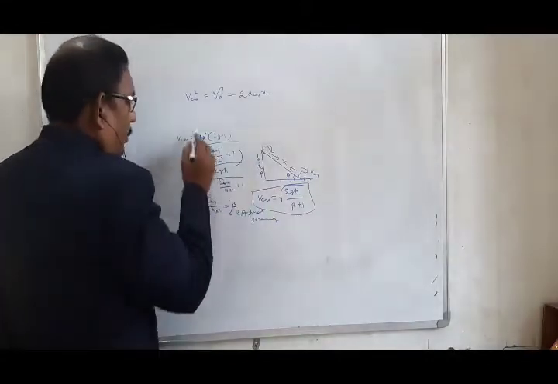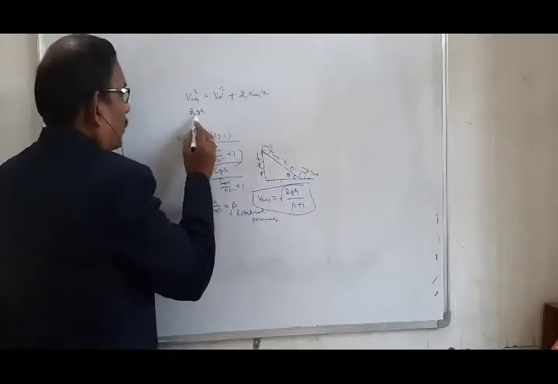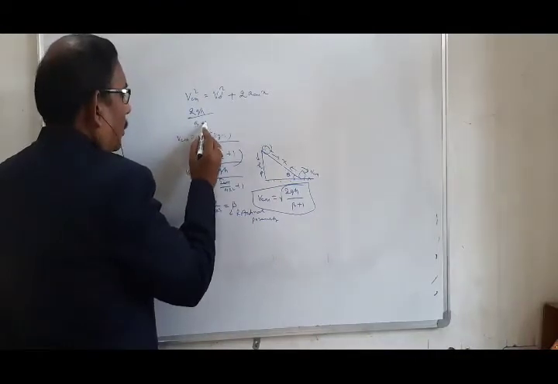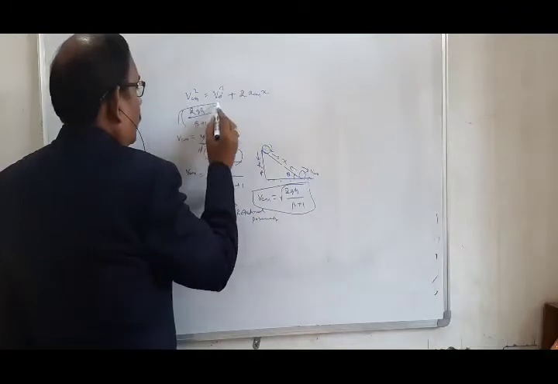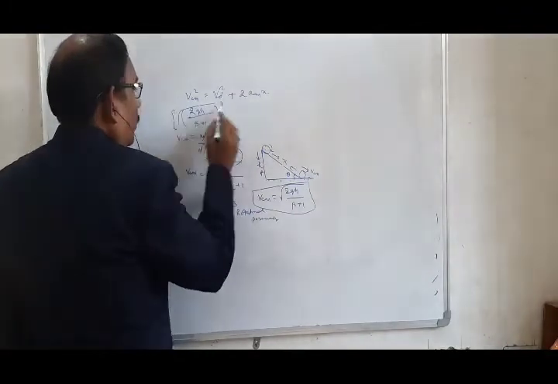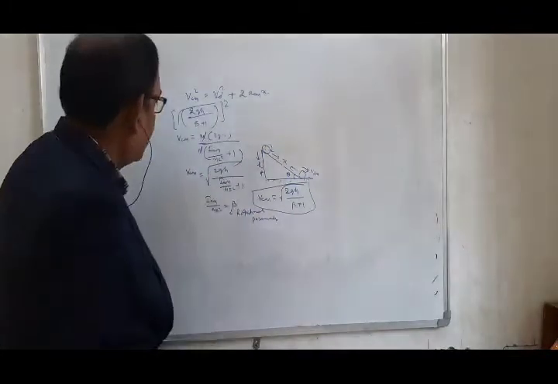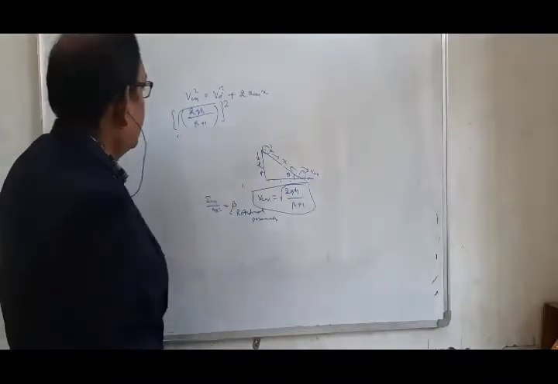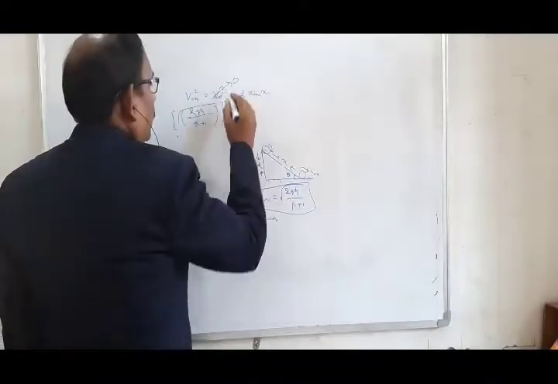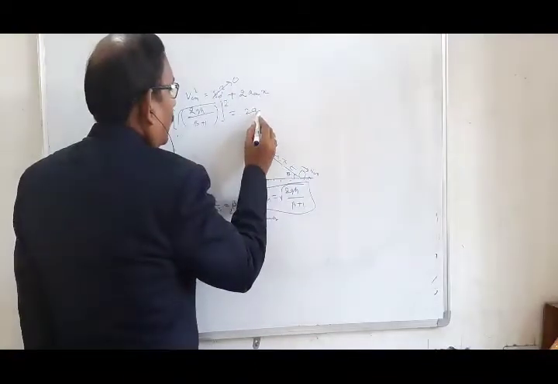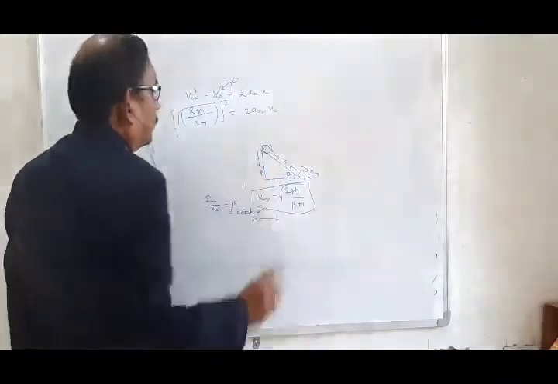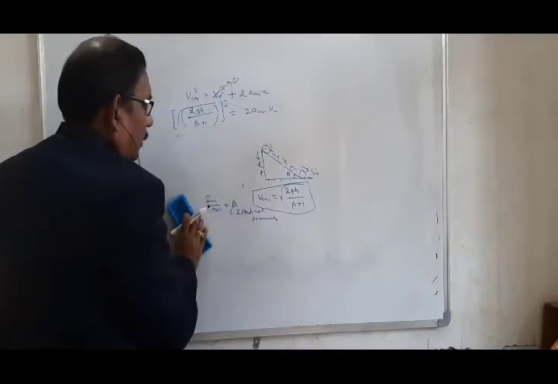So V_CM is, as you know, the square root of 2 g h by beta plus 1, whole square. The initial velocity is 0, so it equals 2 A_CM x. Okay.